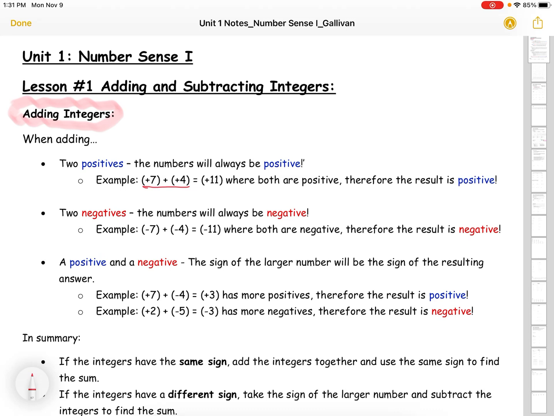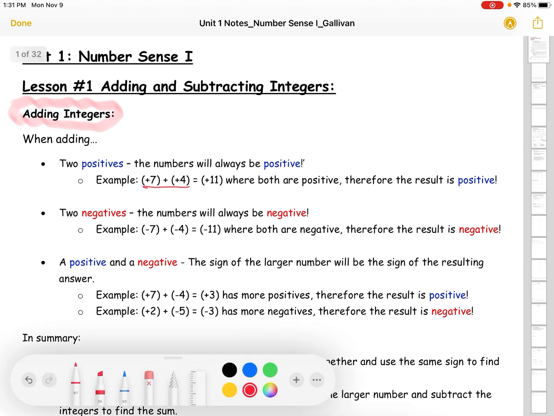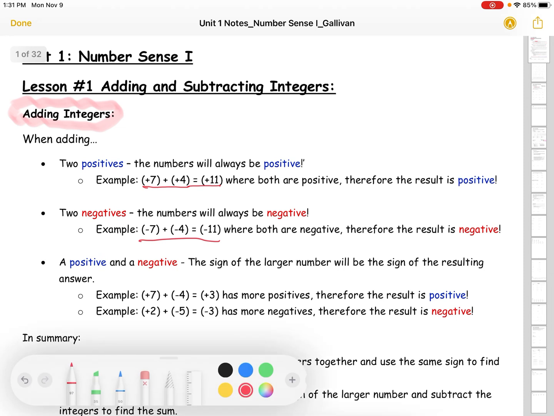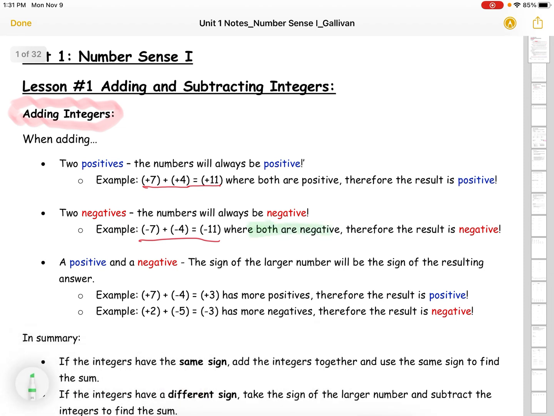If you're adding two negatives, the numbers will always be negative. So where we have negative 7 plus negative 4, we get a negative 11. Where both are negative, the result is negative. If both are positive, the result is positive. The nice thing about adding two integers with the same sign is you can just add the numerical value and keep the sign.